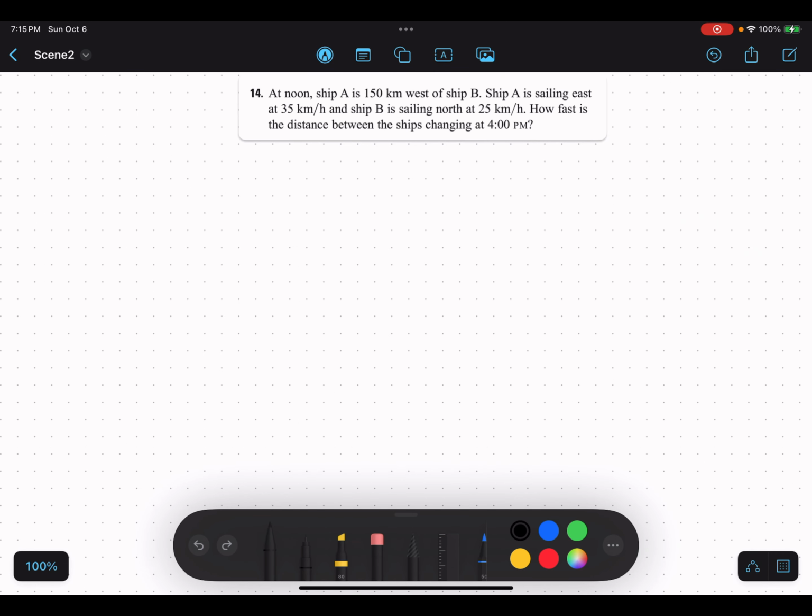Okay, let's tackle this one now. Pause the video now, take some time to solve it, and come back either when you've solved it or you're stuck. All right, as always, let's draw our diagram. So we know ship A always starts 150 kilometers west of ship B, right? This should be 150. And what we're finding is the change when A is at 35 kilometers an hour and B is at 25 kilometers an hour.